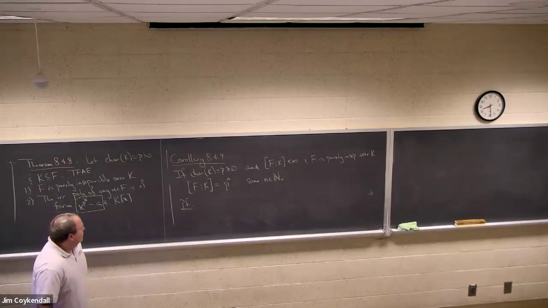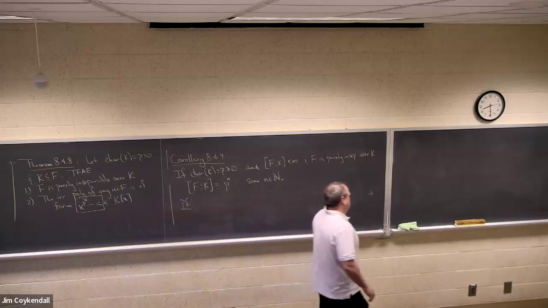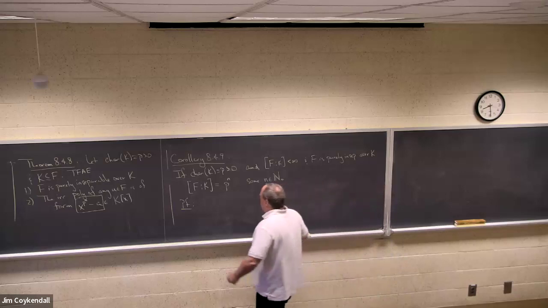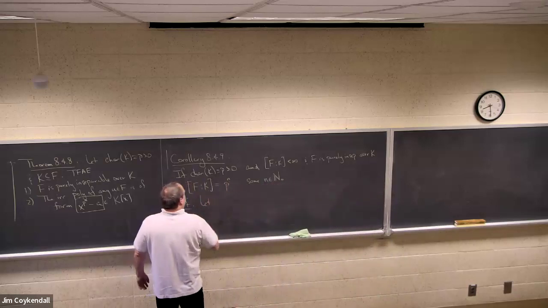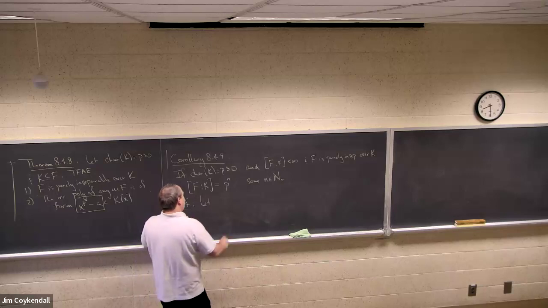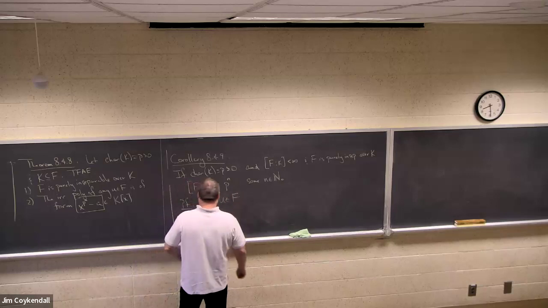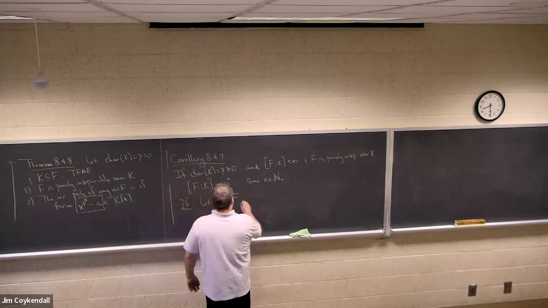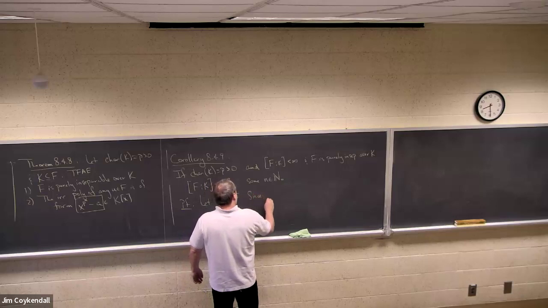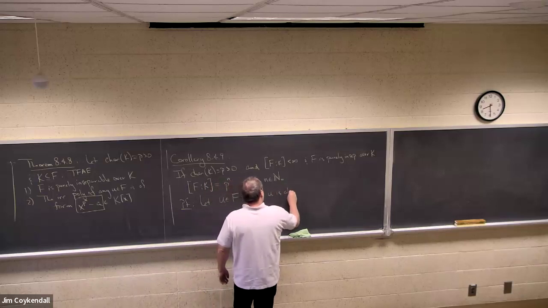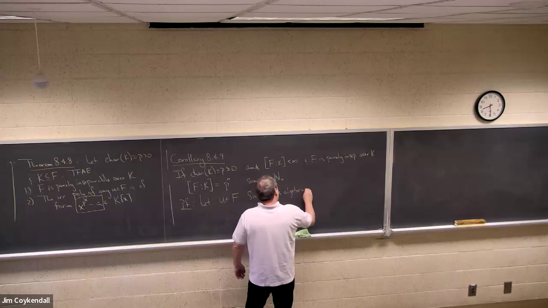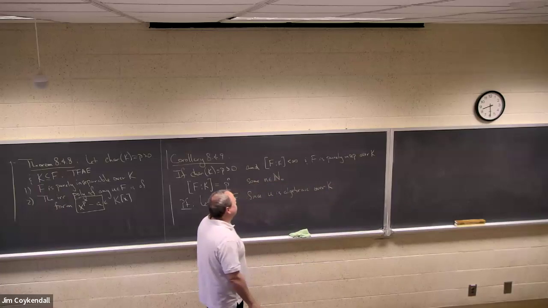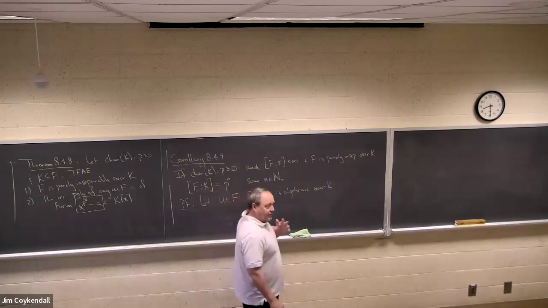Okay, okay. So let me start with this observation here. Let u be any element of F. Since u is algebraic over K, I know this for two reasons, sort of.